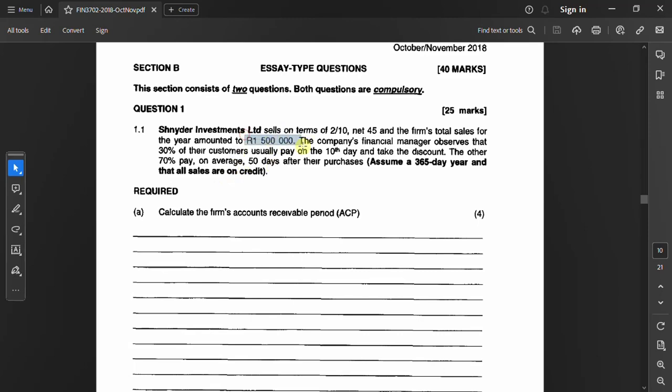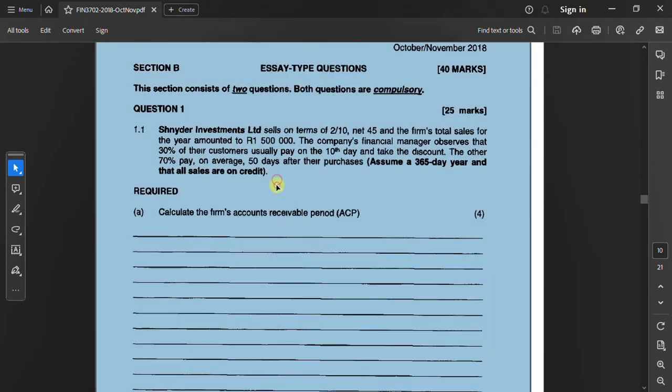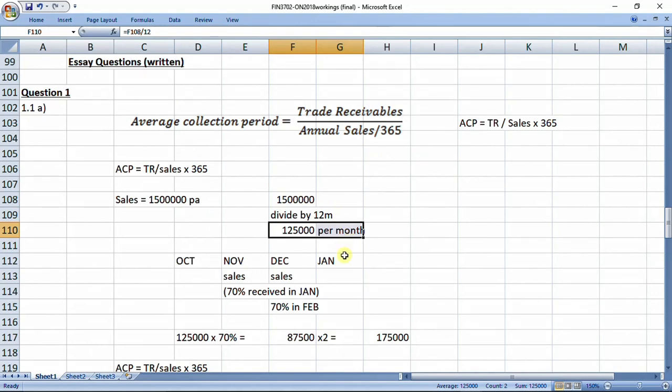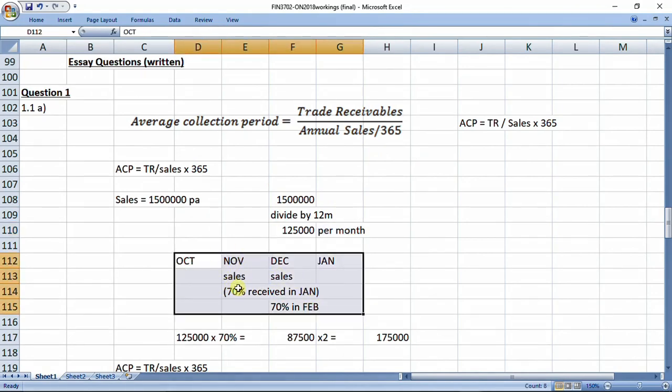Okay, you read the question, you had 1.5 million. We just saw that. Okay, go back to the question. Remember, they said this was the total sales for the year. So every month I'm going to have a portion of that. Because remember, 1.5 million is for the whole year.